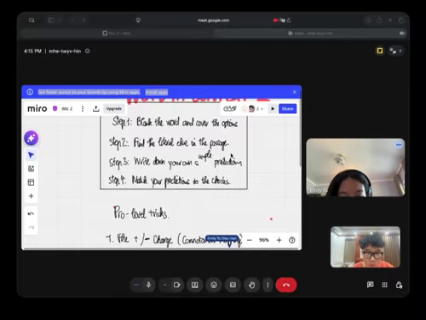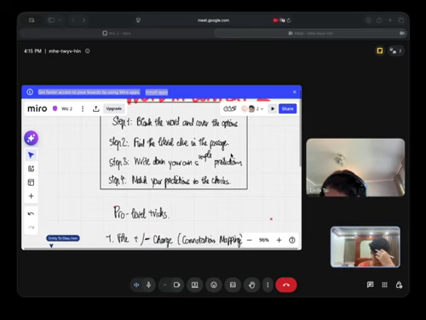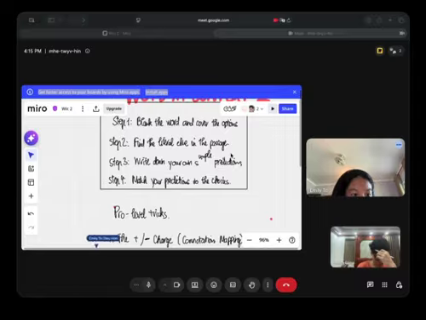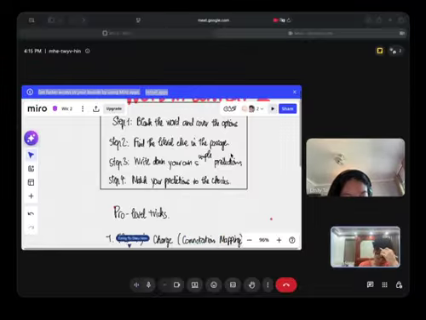Oh, these two have the same meaning. They have different structure use.